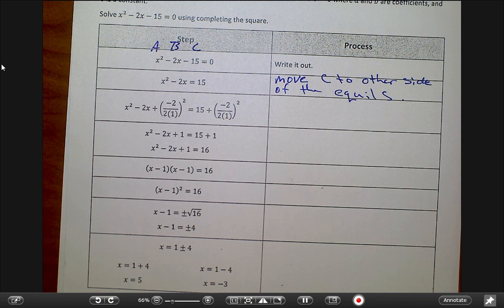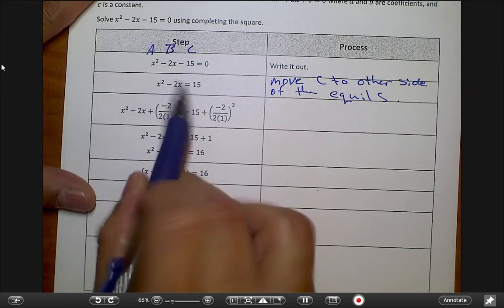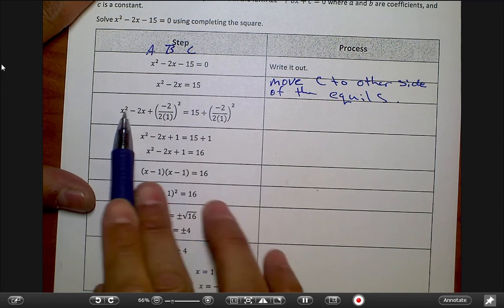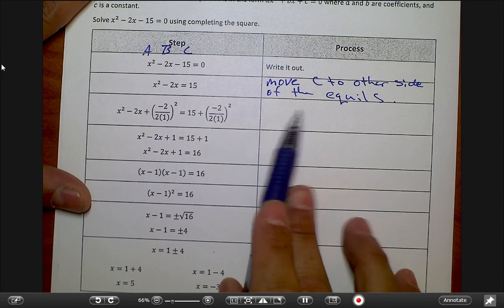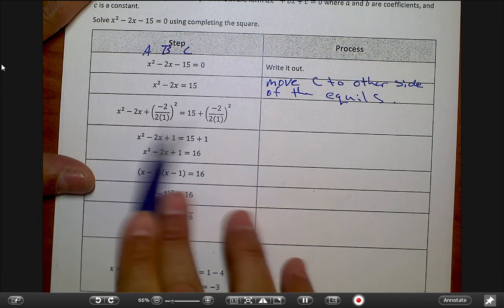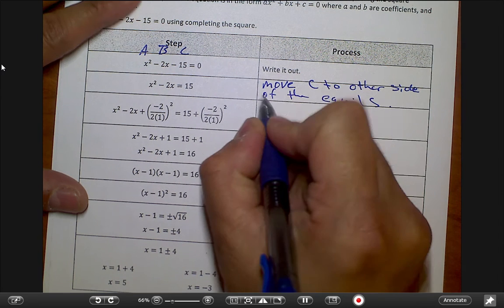All right, the next thing. I don't like the way that they did this, because label it A, B, and C. It's super important. So let's take a look here. I know I have A, B, and C, but I'm going to write it differently over here. So this step is going to look like this.